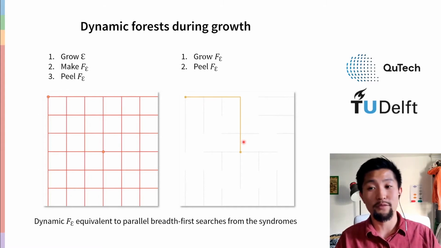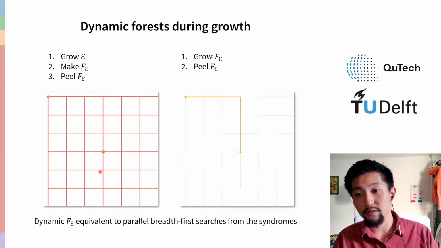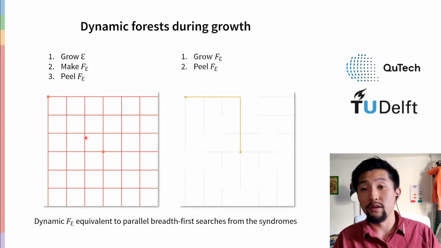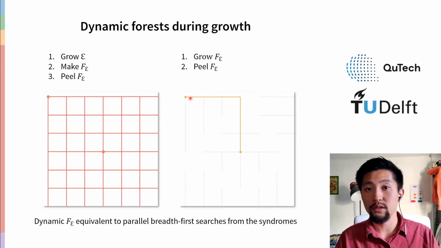So imagine that if you pick a random node here and start a depth first search or breadth first search, the distance between the eventual matching between these two nodes will be random. But if you do two parallel breadth first searches, the distance between these two syndrome nodes in their matching will be kept at the minimum.